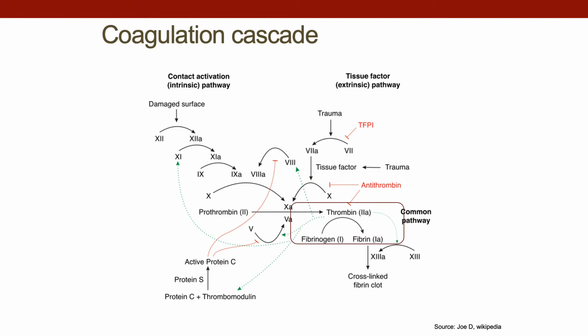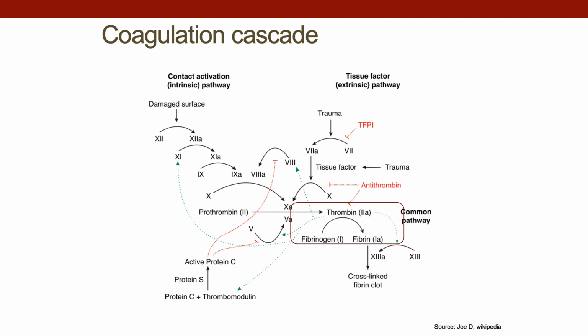And it's a central step because thrombin is then what converts fibrinogen to fibrin, which actually is what makes the clot. And you can also see those green arrows coming out of thrombin, where it can do a lot of different proteolytic reactions.